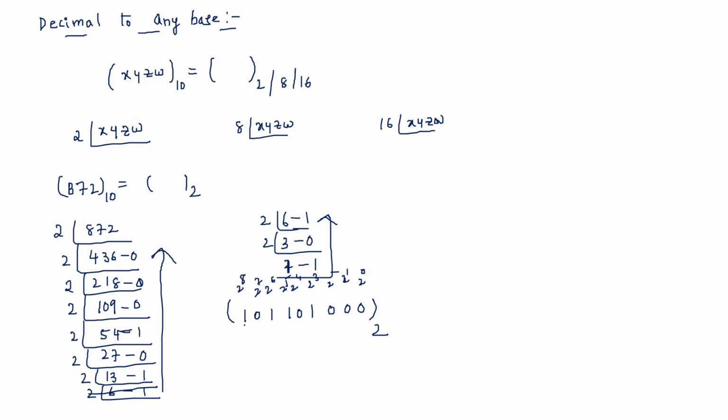So 2 power 8 means what is the value? 256, right? Sorry, 2 power 7 is 128, and 2 power 8 means 256. No, I think so. 101, 101, triple zero. Okay, 9 bits.